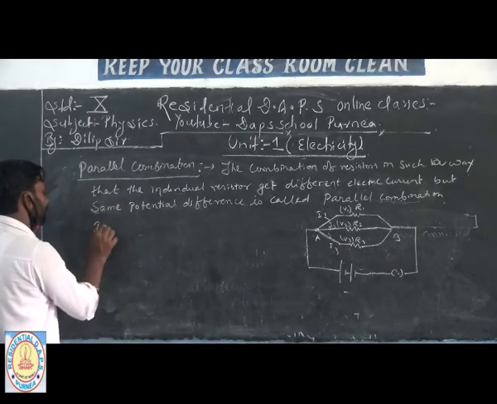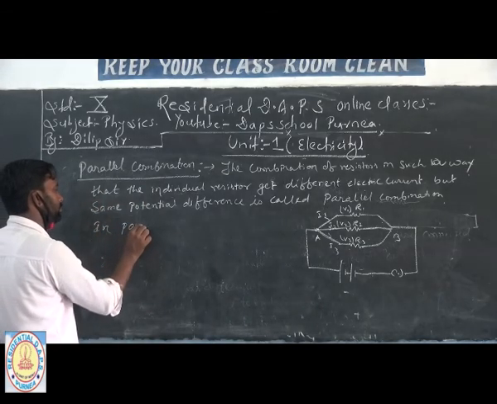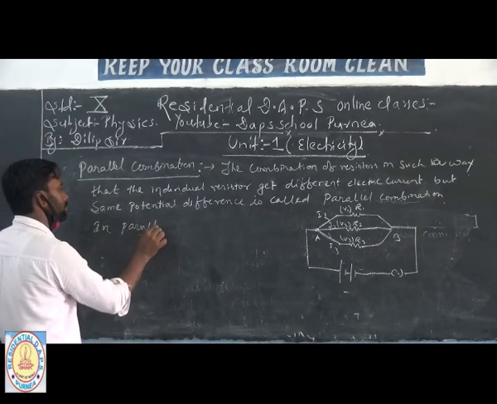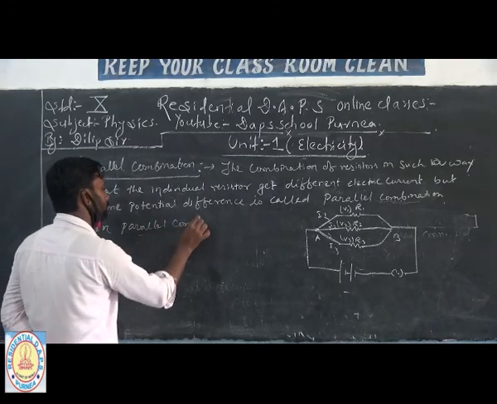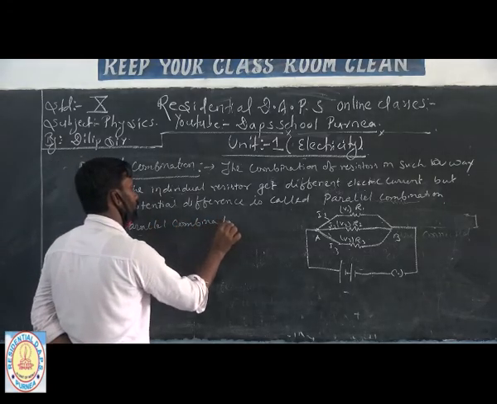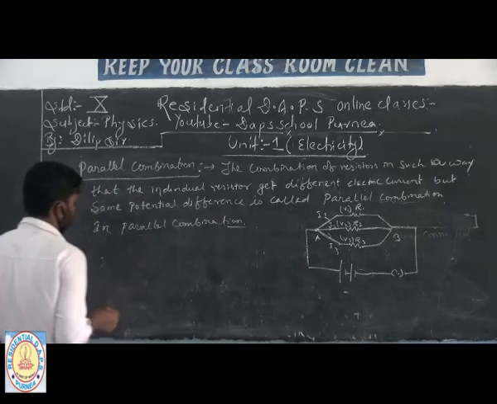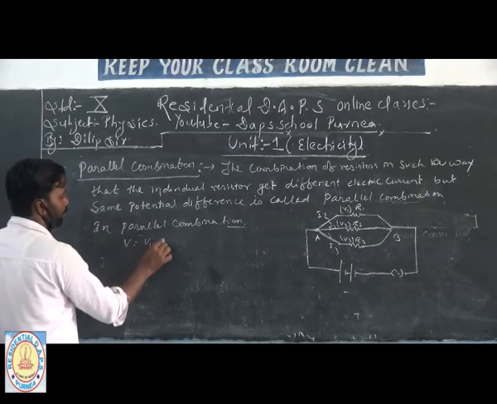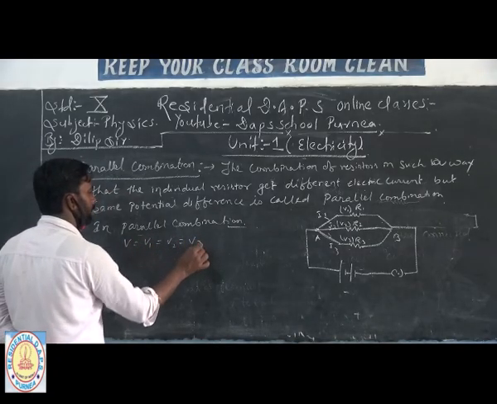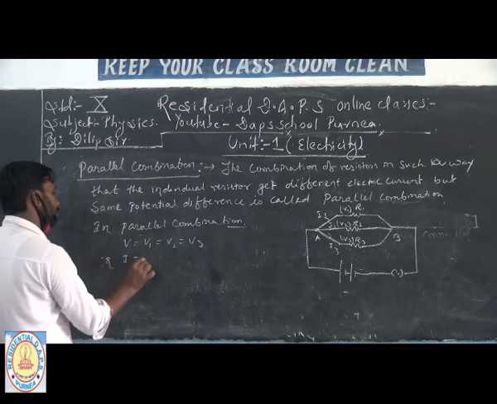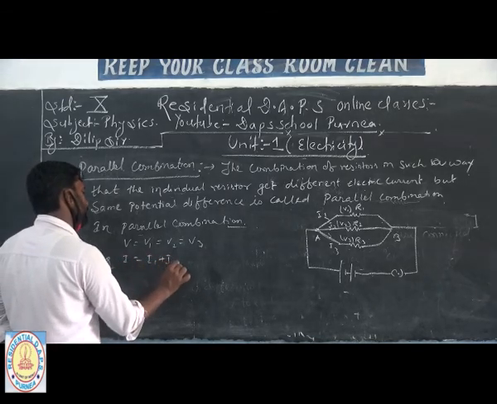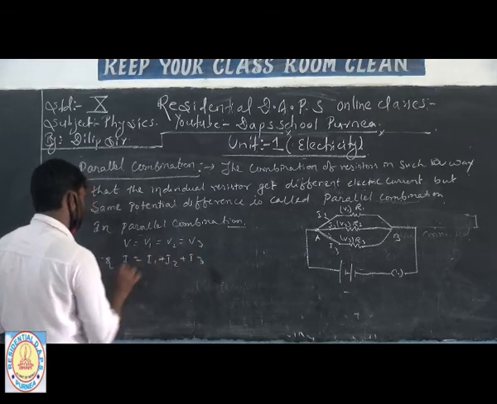In parallel combination, V equals V1 equals V2 equals V3, and I equals I1 plus I2 plus I3.